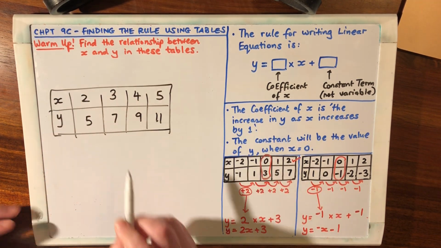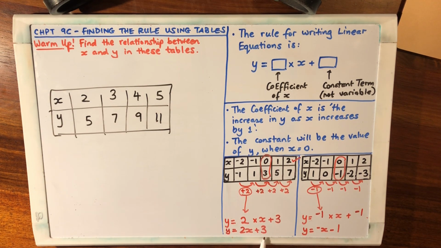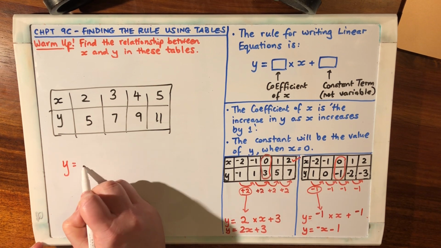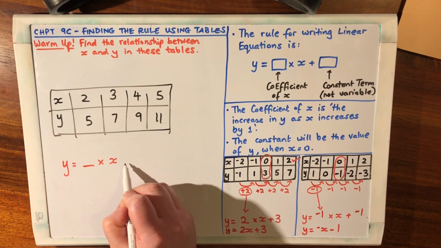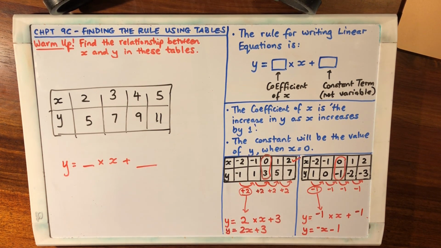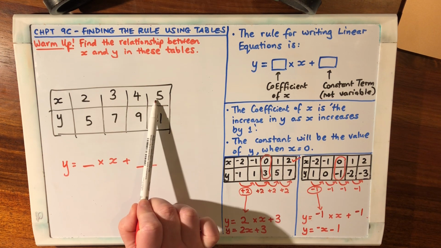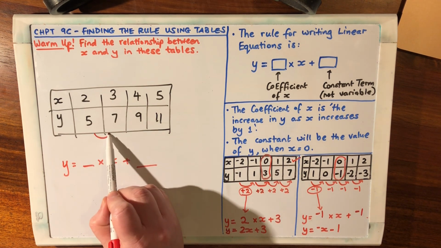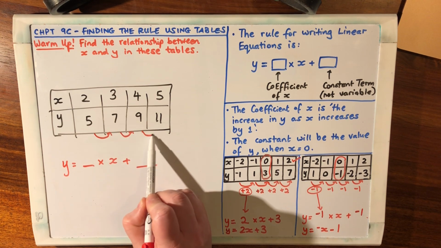We have our known values for x and y, but we're going to try and make up the rule for this data table. So y equals something times x plus something again. What is the pattern? Is x increasing by 1? Yes, it is. Now we can check the pattern of y. Is it increasing or decreasing?